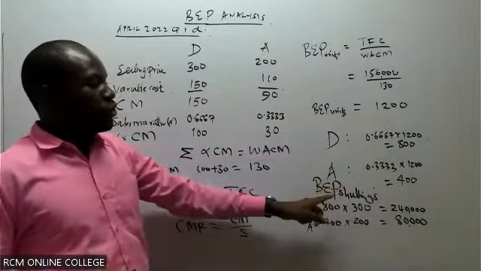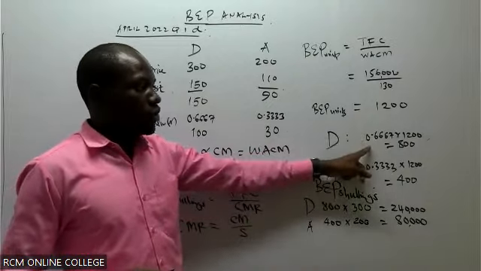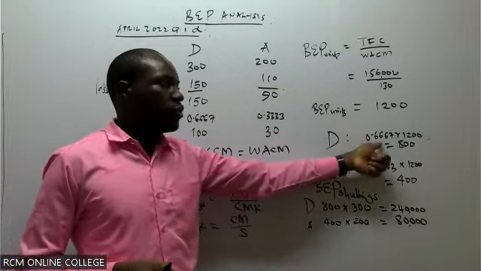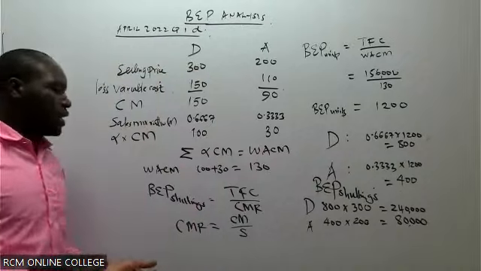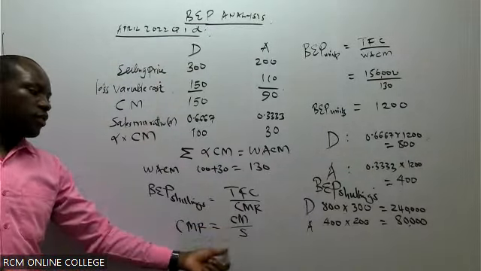So once you've been able to distribute, that is the proportion of the total, which is 0.667 by 1200 is giving us 800 units of A. Another thing, why is it now that we are not going to use this formula? The reason why you're not going to use this formula for multiple products, look at what we have here, the selling price. For product D, we have 300.